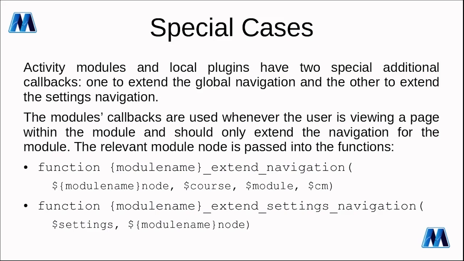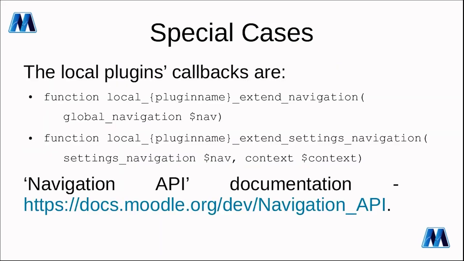So the functions are module name, which is basically your Frankenstein name without the mod _, extend navigation, and extend settings navigation set functions there, as you can see on the screen. Local callbacks are similar, but local callbacks gives you the opportunity to extend the global navigation and the global settings navigation, but with those two functions that you need to define in your lib.php file.